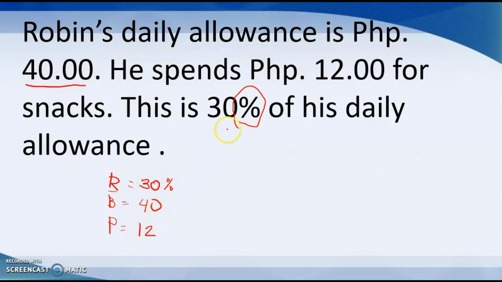Paano ba natin ma-identify yung percentage? Yung percentage, which is 12, yan yung in-spend niya from 40 pesos. Ibig sabihin, part lang siya ng 40 pesos. That makes it a percentage, which means part of a whole.